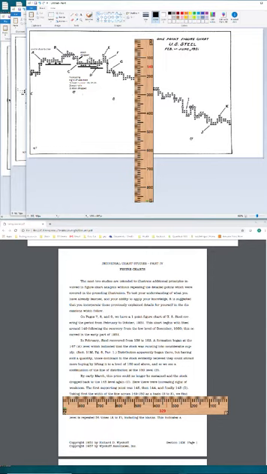Then you have weak rallies that can't really do anything. One attempt, two attempts, three attempts, and then the stock dropped. Well, that's where the stock dropped, when it broke this area.